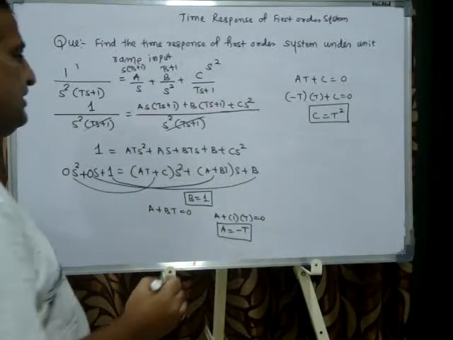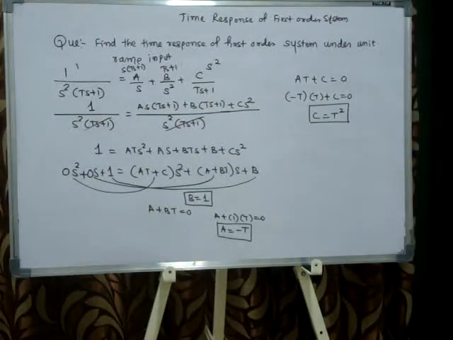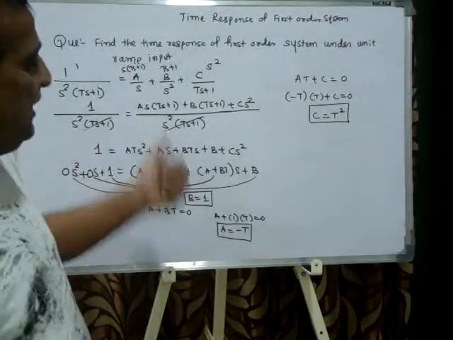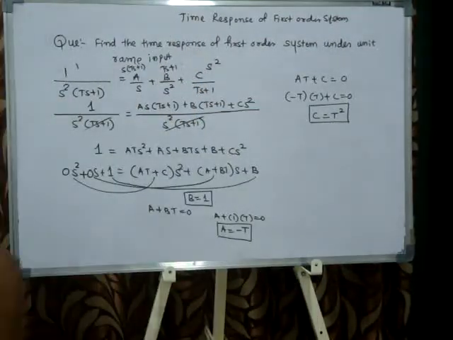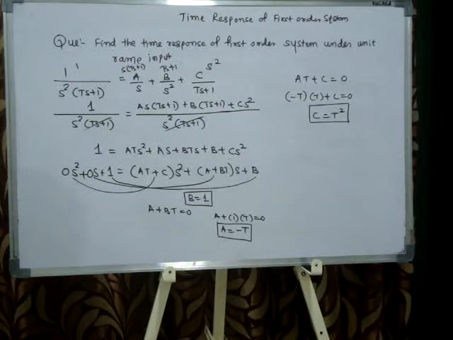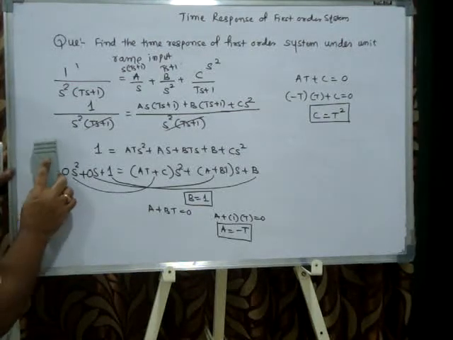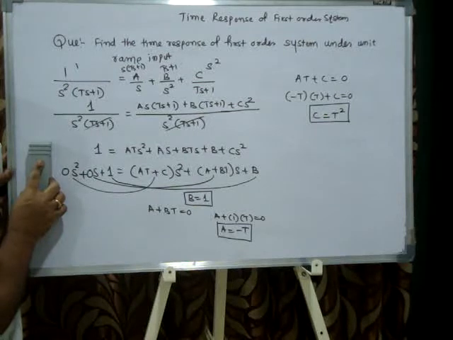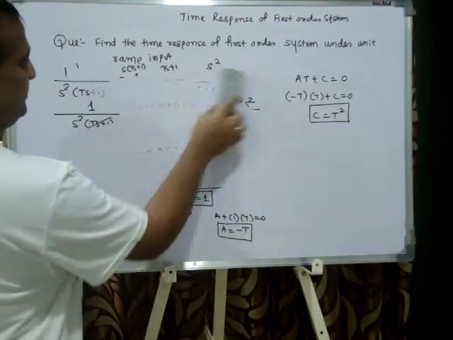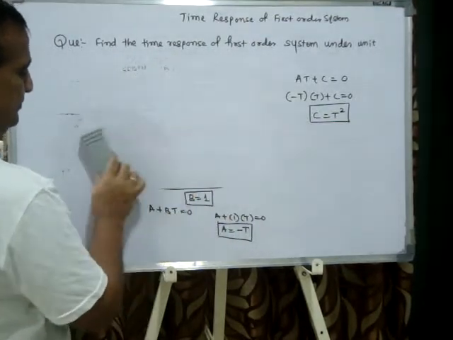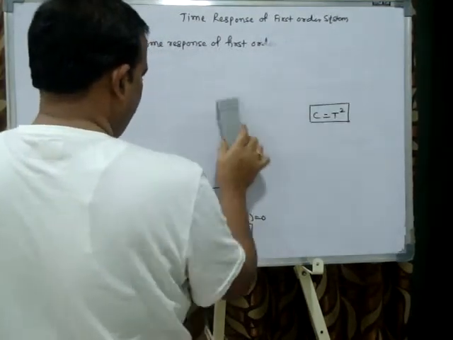Now I'll put the A, B, C values, then I'll take the inverse Laplace. So you put the A, B, C values: A is minus T, B is 1, and C is T square.